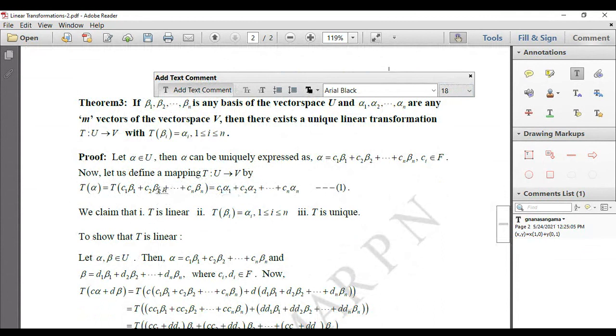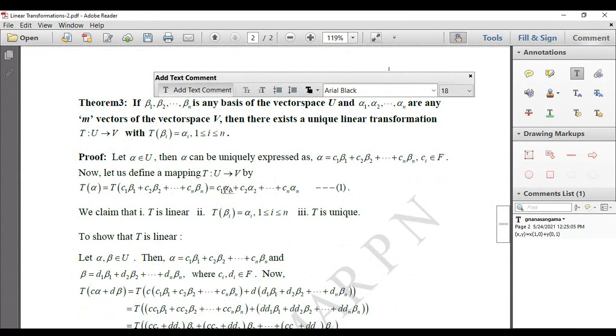Remember, your image must be in V. And you know that alpha 1, alpha 2 etc. up to alpha n are any vectors in V. Their linear combination: see, alpha 1 is a vector in V, C1 is a scalar, and a scalar into a vector comes again in V. C2 is a scalar, alpha 2 is a vector in V. Therefore, C2 into alpha 2 comes in V, because of the first condition of scalar multiplication in V: C into alpha must be in that vector space.